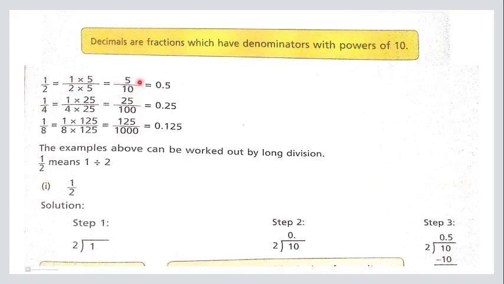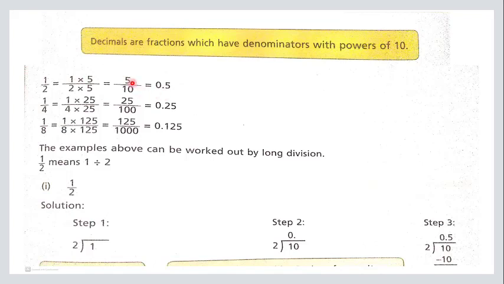Now this is a fraction in which the denominator is 10. So this 5 by 10 is a decimal, and this decimal can also be written in another form.